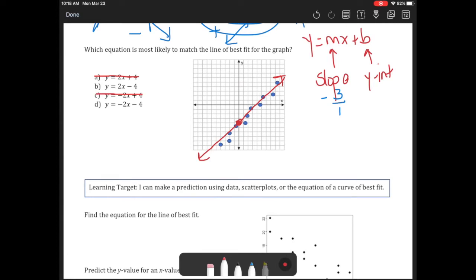So the only other thing to look at is, do I have a slope of +2 or a slope of -2? Remember that if you have a positive slope, you go this way, and if you have a negative slope, you go that way. This one's definitely going to be the +2, so B is going to be our answer.